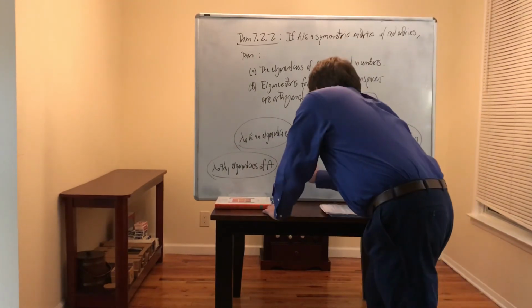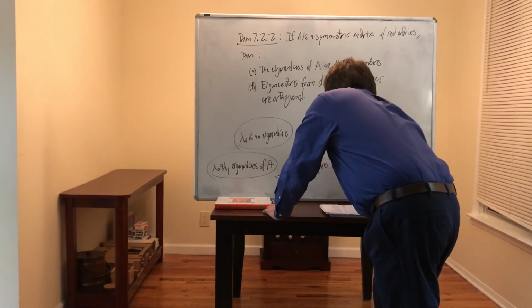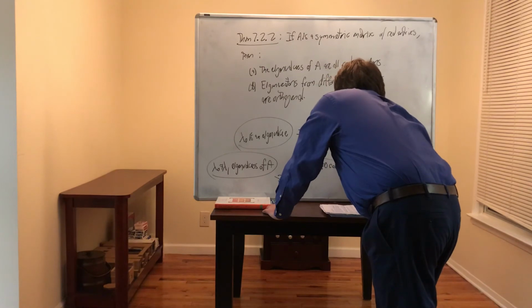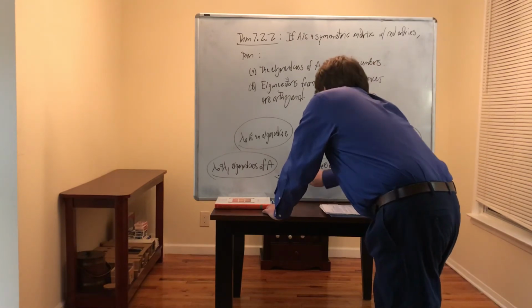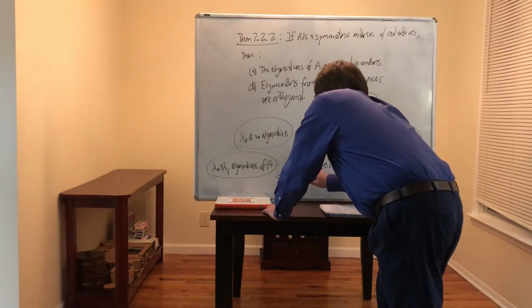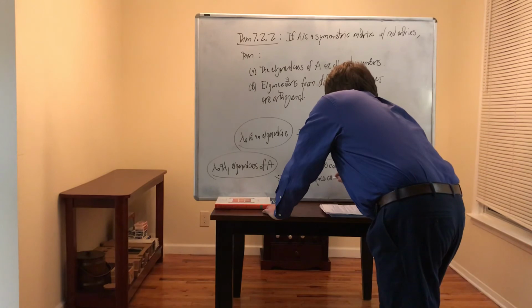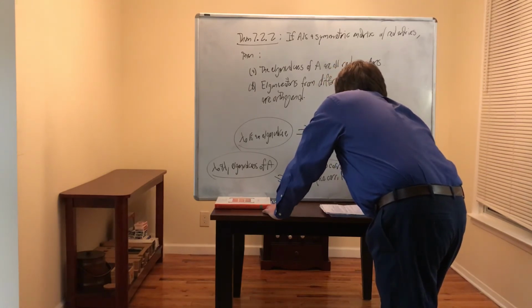let me call E naught the eigenspace corresponding to lambda naught, and E1 the eigenspace corresponding to lambda 1.